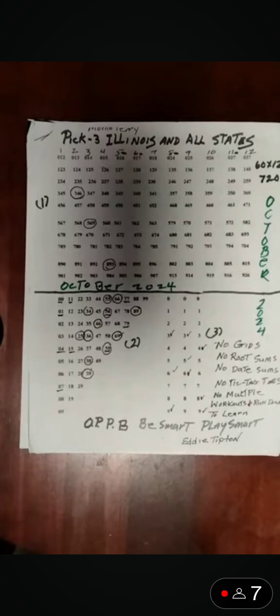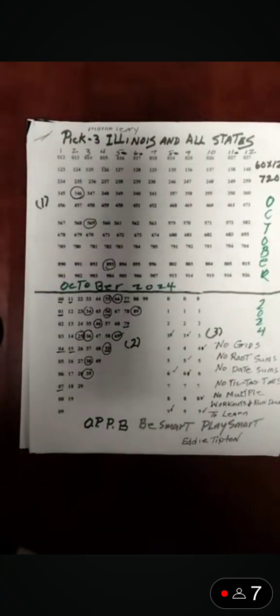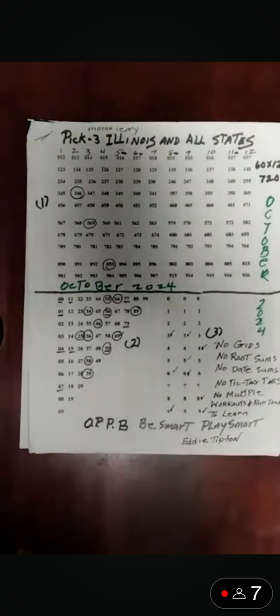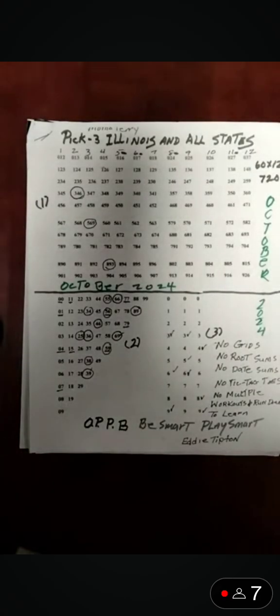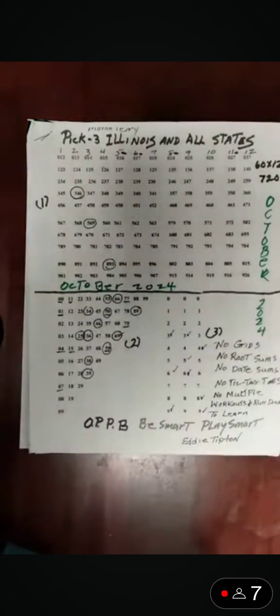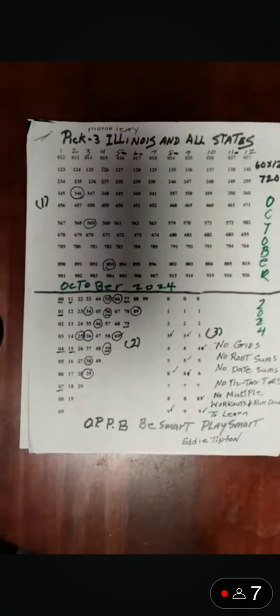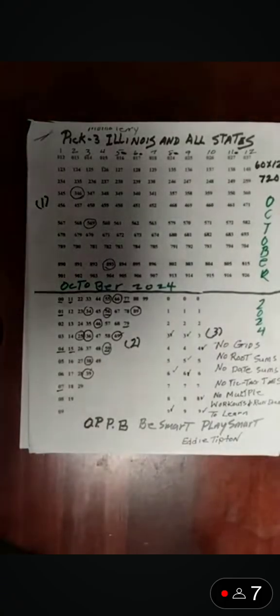I had to know what was going on with those 1,000 numbers to know what I was planning on doing and how I was going to win, so I could build a strategy and a skill set.